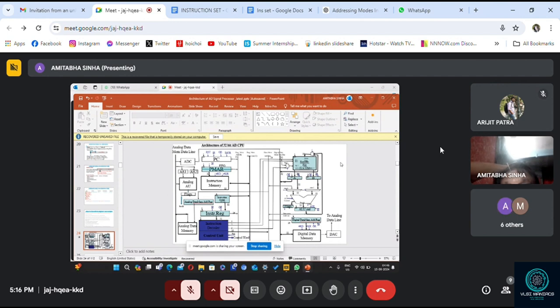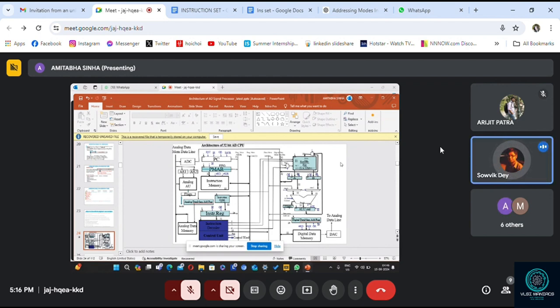Sir, I have a question. This is the architecture of a 32-bit CPU, so the size of the data bus is 32-bit. So if there is an instruction with immediate addressing mode, then that cannot be 32-bit. It will be 24-bit plus 8-bit. So how can an operation like addition, ADI, be performed?